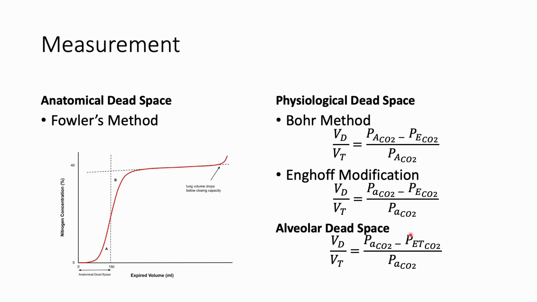And as we can see, the numerator is just the arterial minus end-tidal CO2, which agrees with what we said before, that the arterial to end-tidal CO2 difference gives us an index of alveolar dead space, and this just puts it into a mathematical formula.